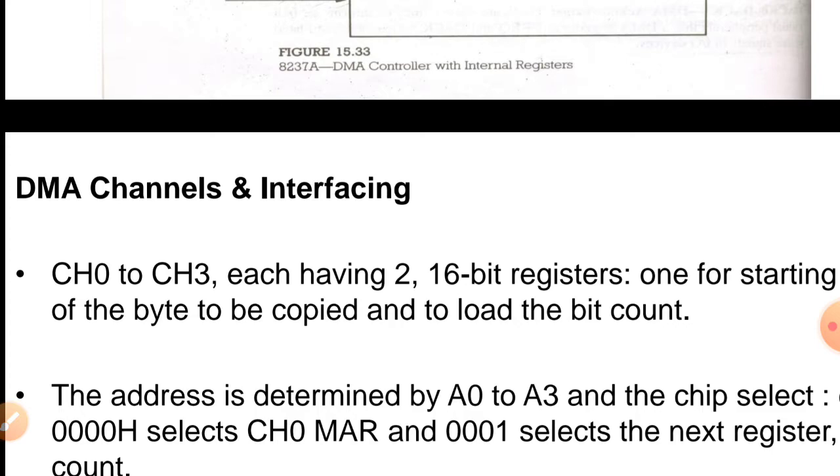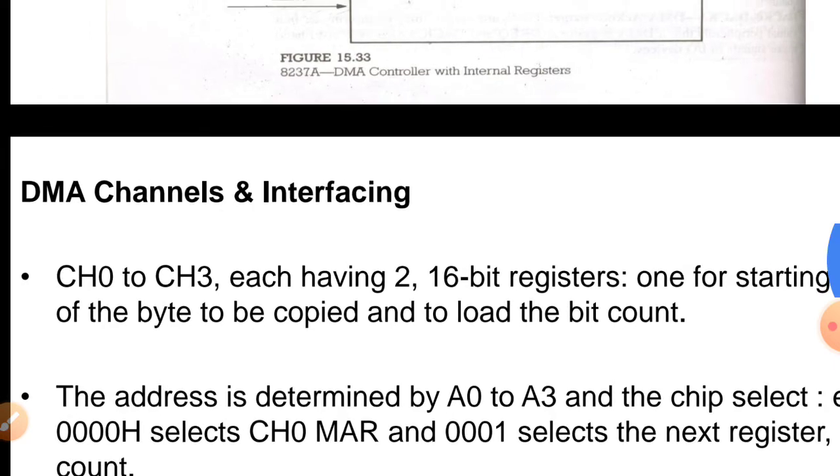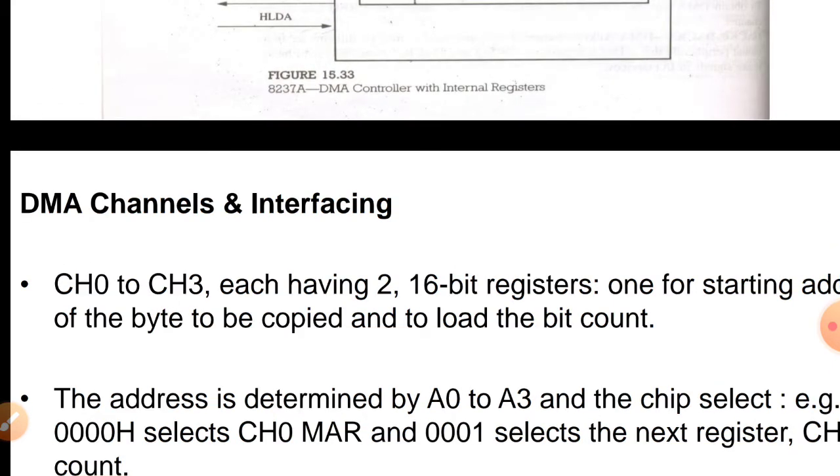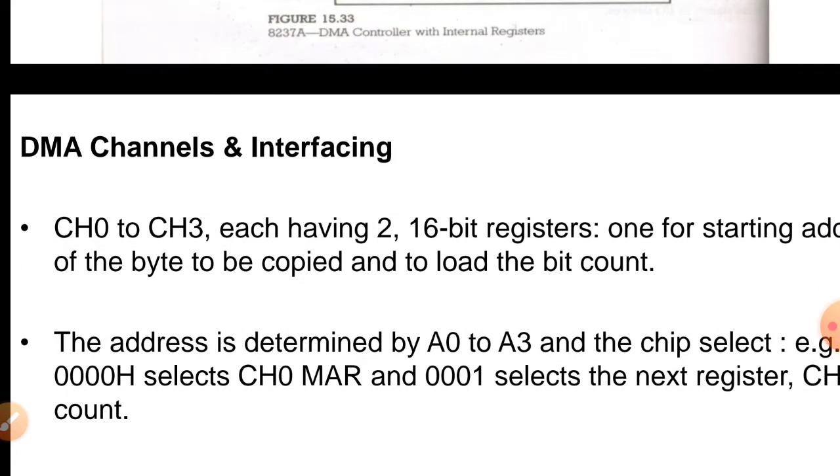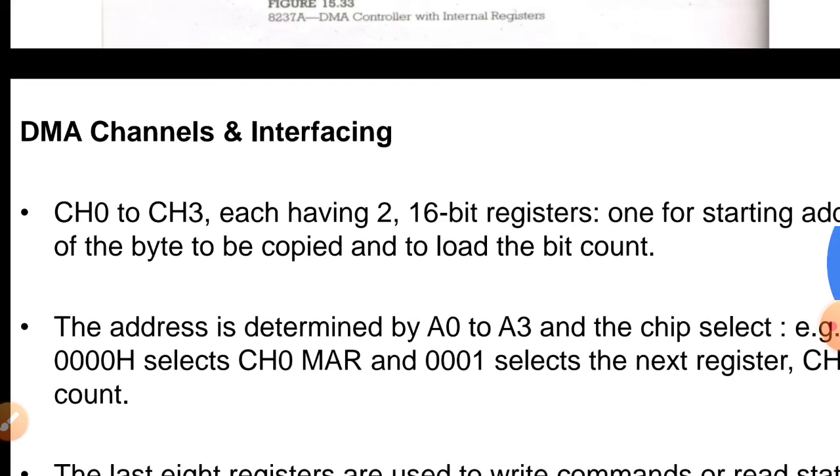Internally each channel has 2 registers associated with it. One is used for loading the starting address of the byte to be copied, and the second is used to load the count value, that is, how many bytes have to be transferred.